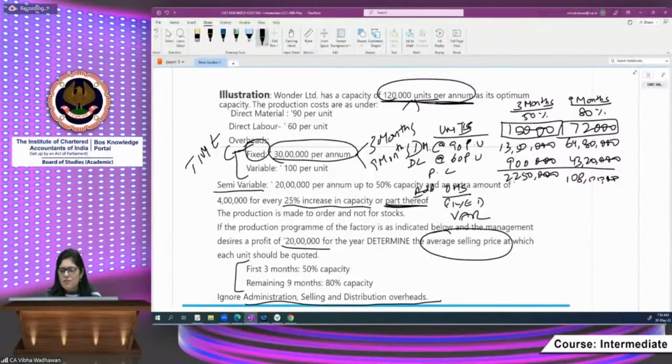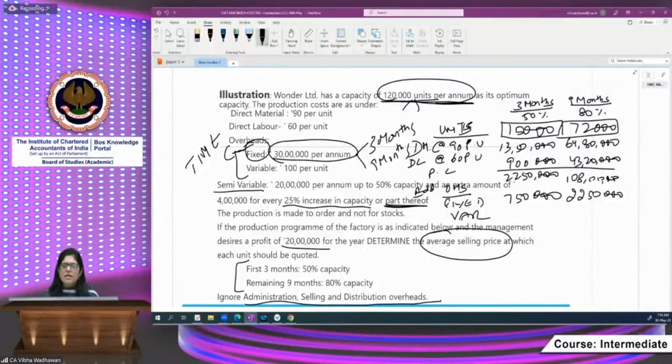Fixed cost for 3 months out of 30 lakh comes to 7,50,000, and for 9 months it will be 22,50,000. So 7,50,000 for the first 3 months and 22,50,000 for the next 9 months. That is the fixed overheads for you.